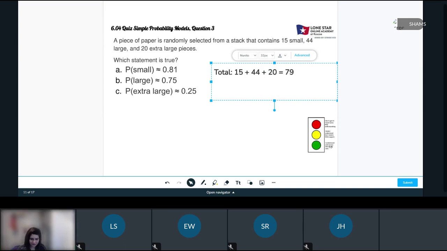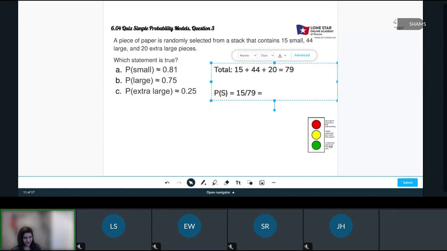Let's find probability. The probability for small first is 15 smalls out of 79. 15 divided by 79. Arsely got 79.